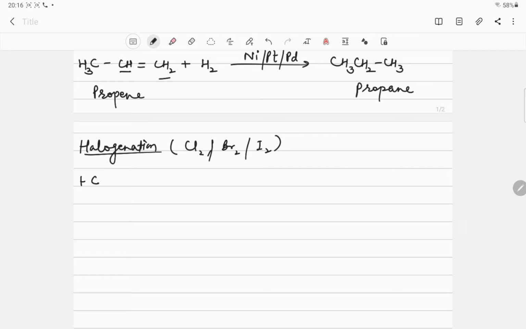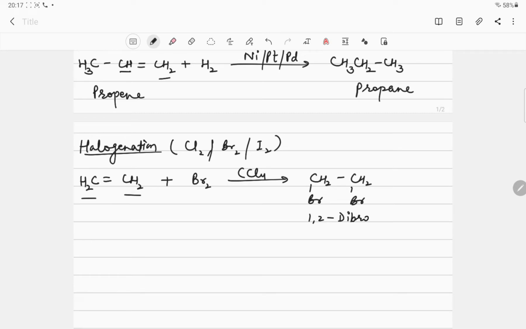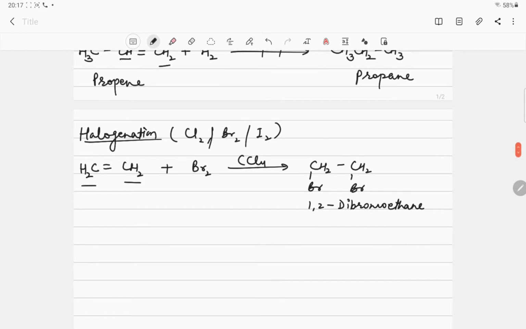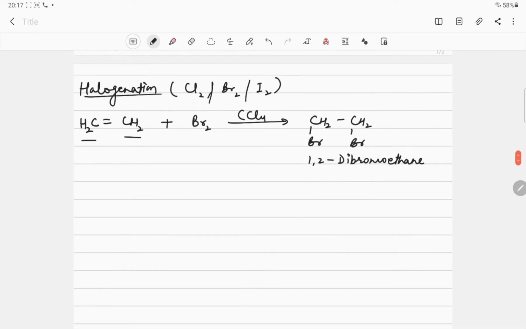Say we have CH2 double bond CH2, and if we add bromine to it in the presence of CCl4, then one Br goes on this side, one Br on the other side, and we get CH2Br, CH2Br. The molecule obtained here is 1,2-dibromoethane. Addition has happened here.